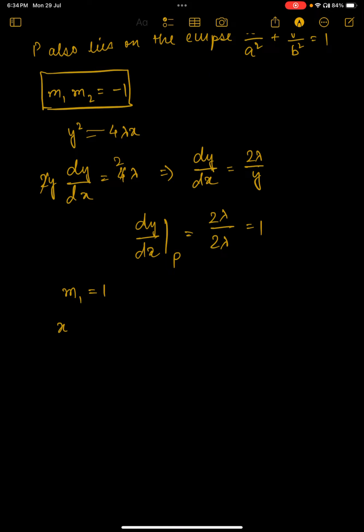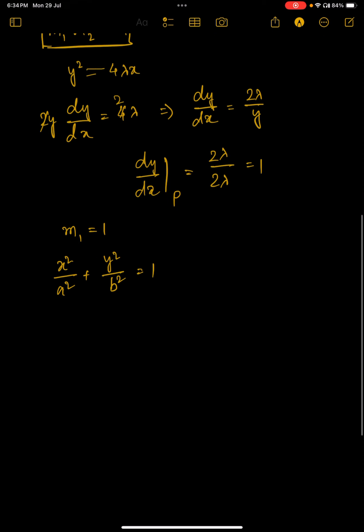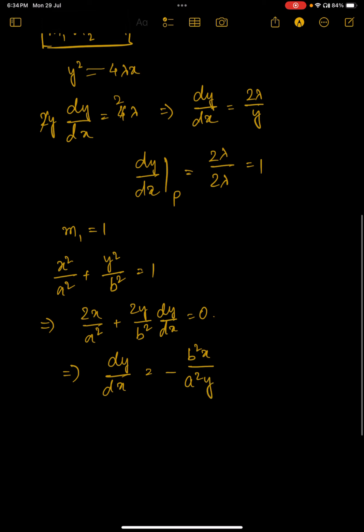Same exercise I am going to repeat. x squared by a squared plus y squared by b squared is equal to 1. So 2x by a squared plus 2y by b squared dy/dx is equal to 0. dy/dx is equal to minus b squared x by a squared y.